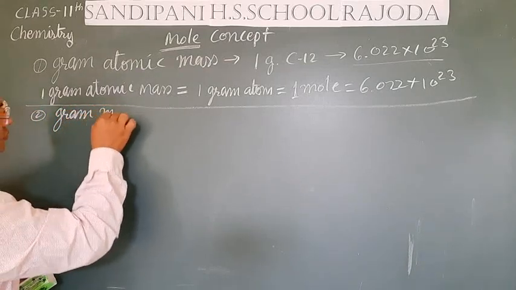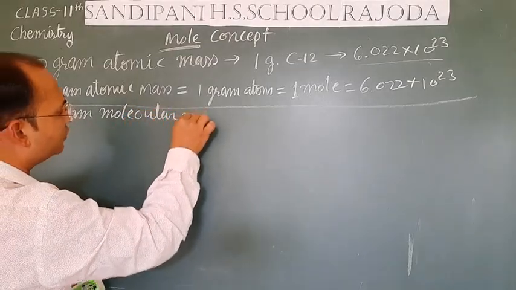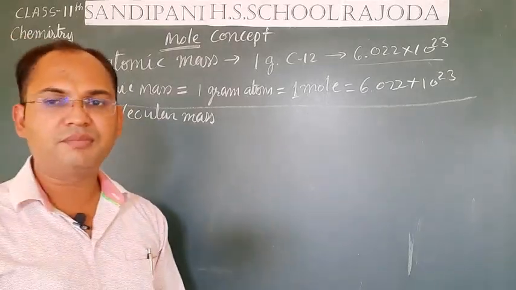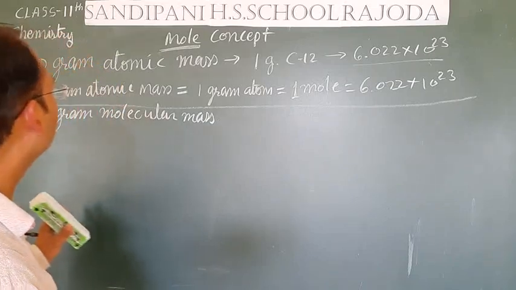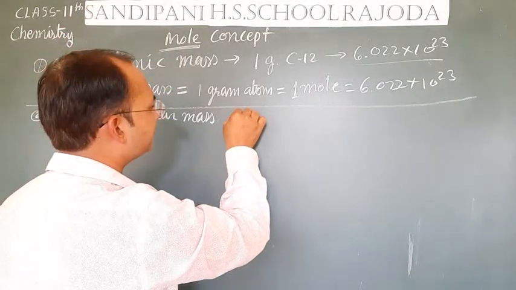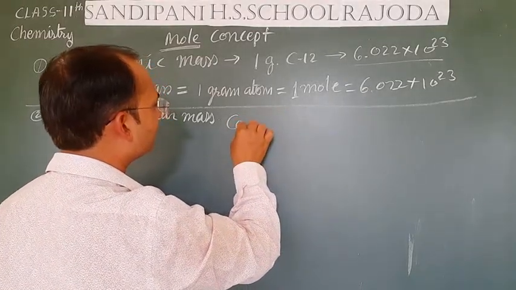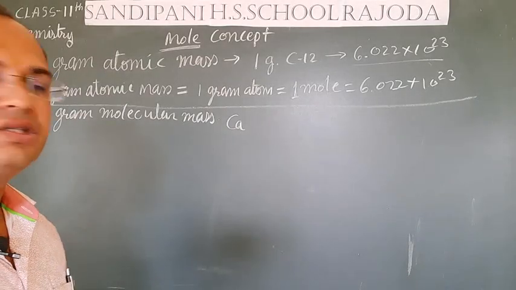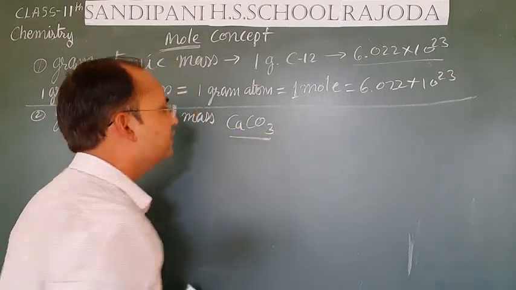Let's see the second relation, gram molecular mass, the relation of mole to gram molecular mass. Let's take one example, the gram molecular mass of CaCO3, calcium carbonate.